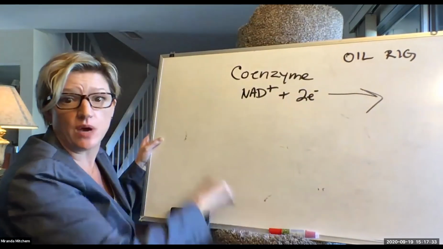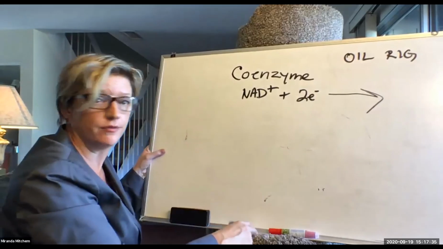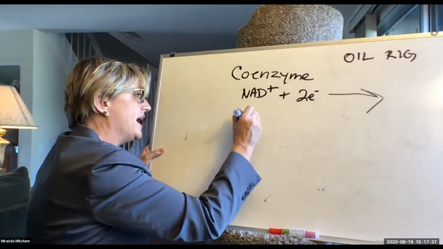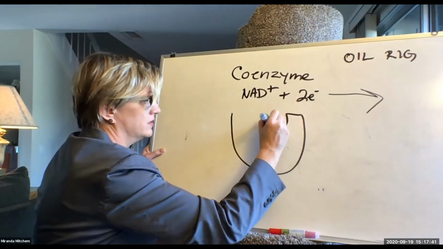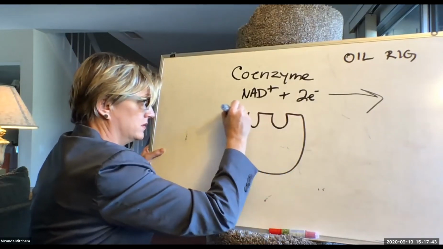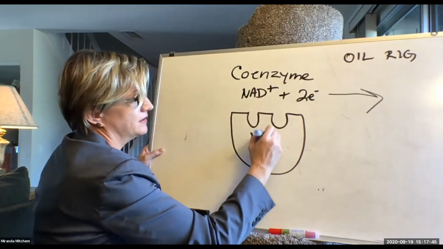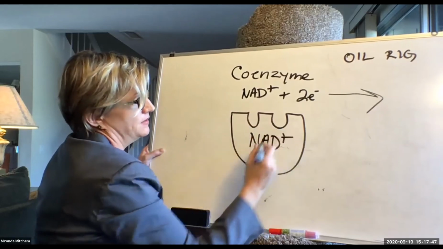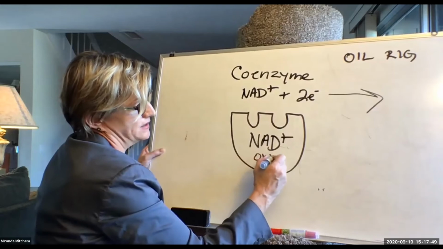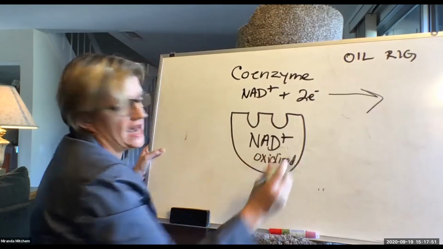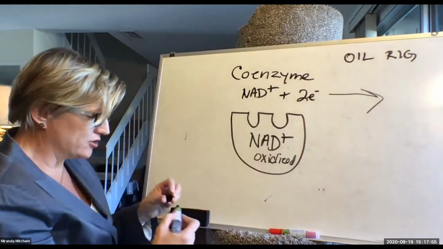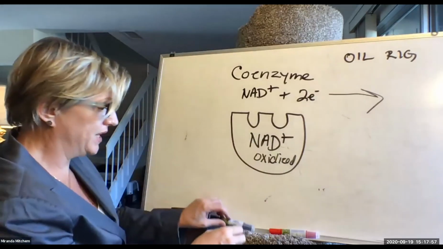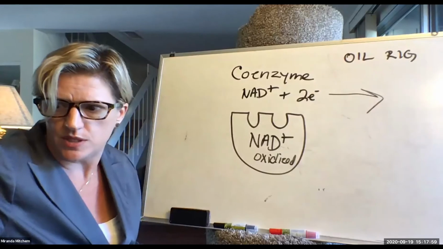It is going to reduce it. But let me show you a useful picture way of looking at it. So NAD, I like to draw like this. So this is NAD plus, meaning it's oxidized. It has no electrons in its electron pockets. So I draw NAD like this because it's easy for me to see.